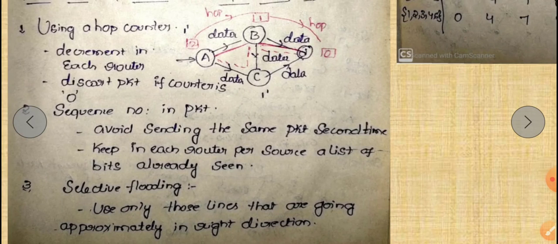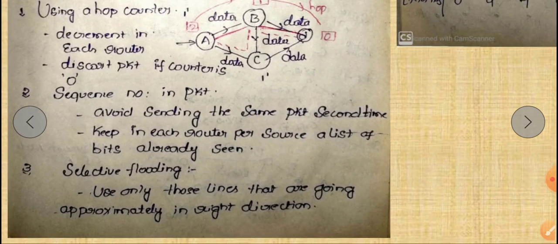Once all packets have arrived from the source to the destination from the different paths, after reaching the destination, all packets should be merged with the help of the sequence number which is given. Based on the sequence number, it can be merged. That is the easiest process to avoid the duplication.